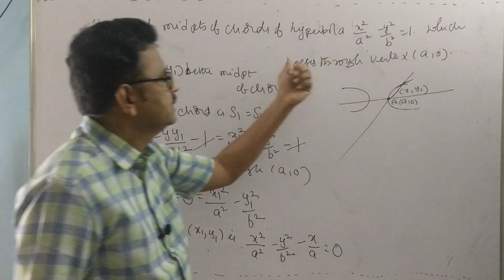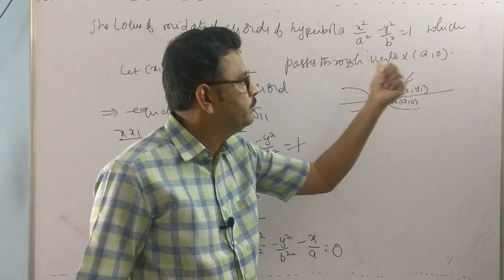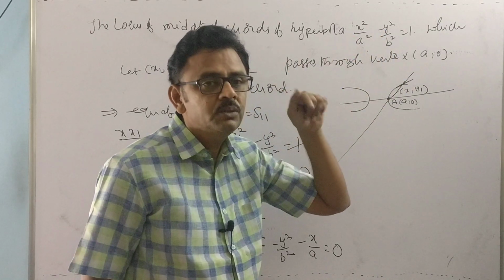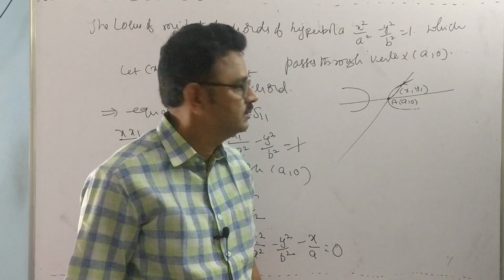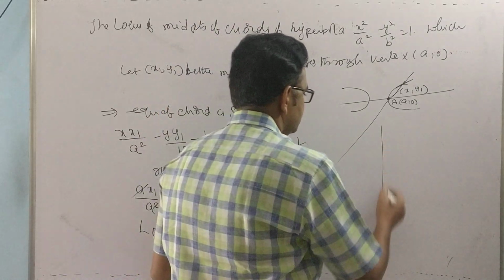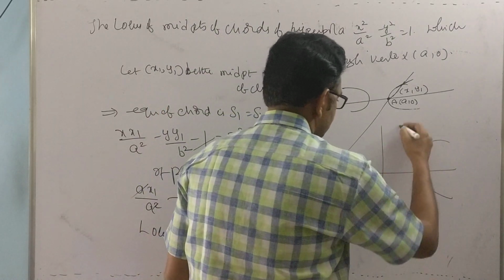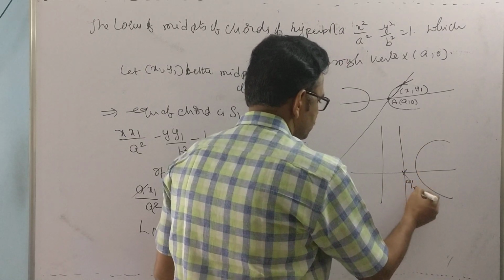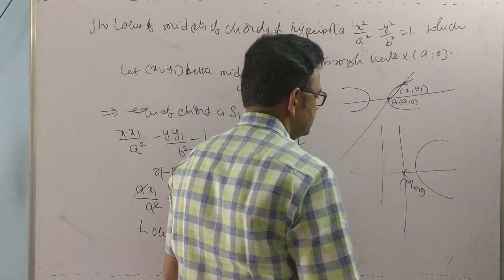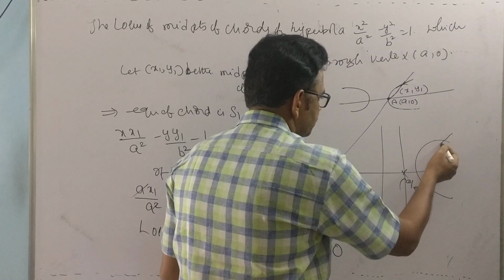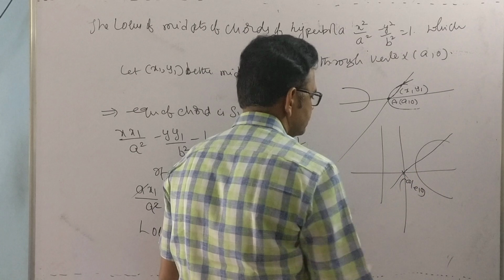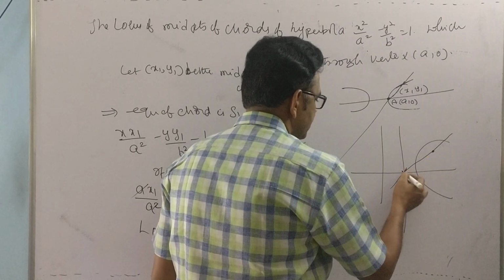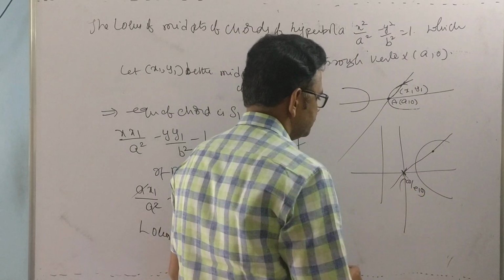For some questions it is given the locus of midpoints of chords of the hyperbola which passes through the foot of directrix. Foot of directrix means the point (a/e, 0).